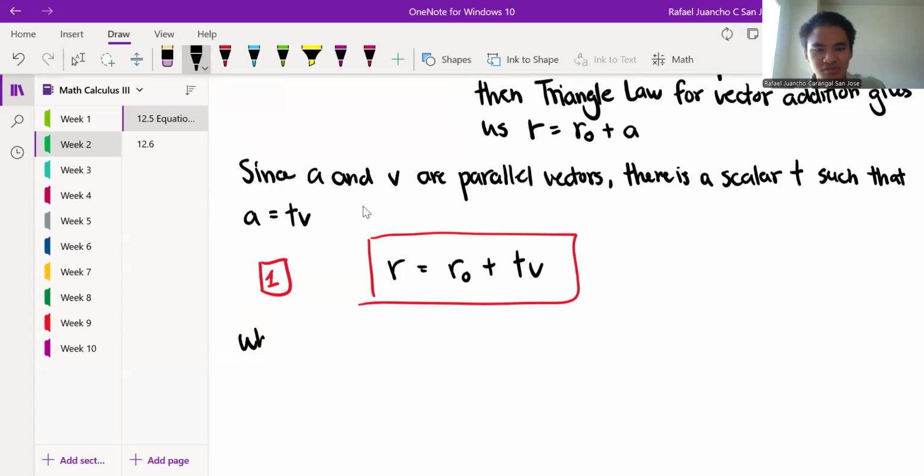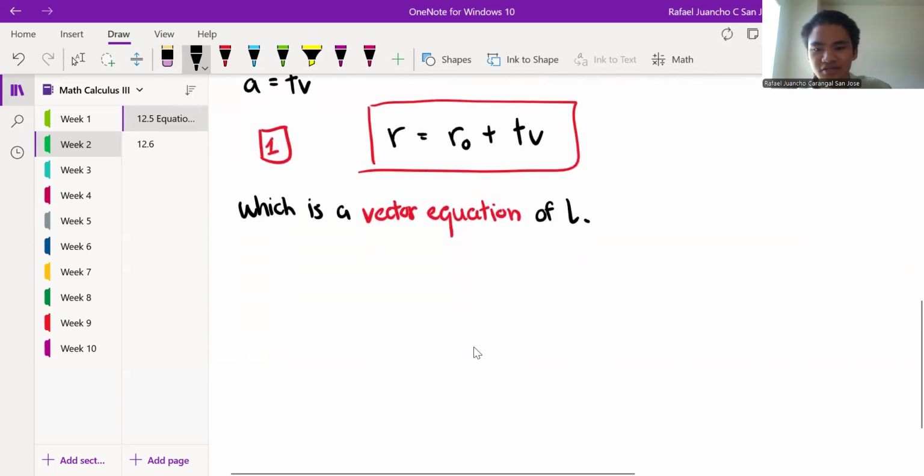What is this equation for? Which is a vector equation. So we're getting there, the lines, which is a vector equation of L. And what are we saying here? Each value of the parameter T gives the position vector R of a point on L. What?